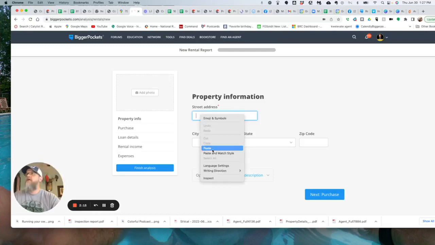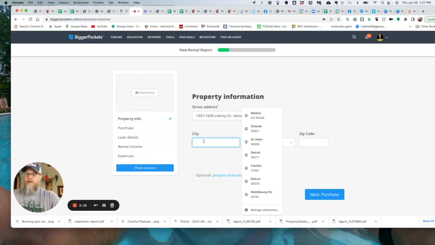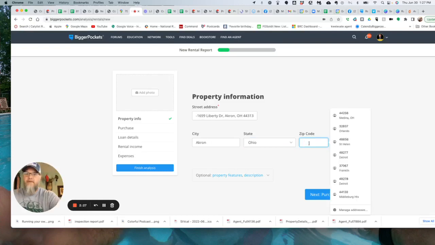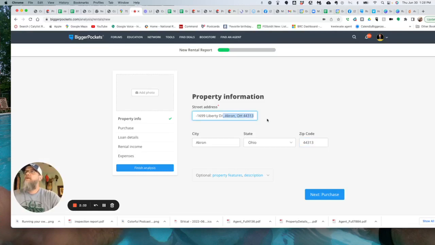So let me copy and paste this in. This is in Akron, Ohio, and then our zip code is 44313. All right, and then I'm going to go ahead and get rid of that portion of this.